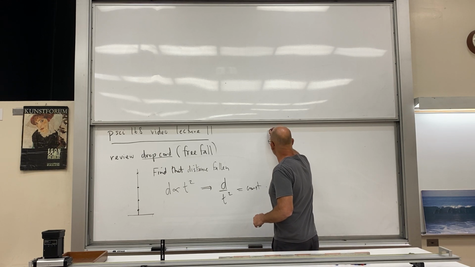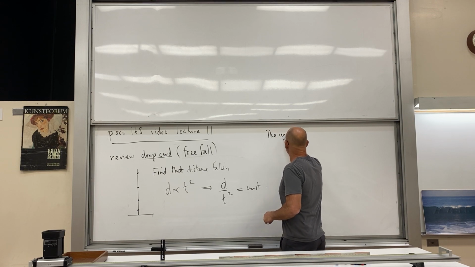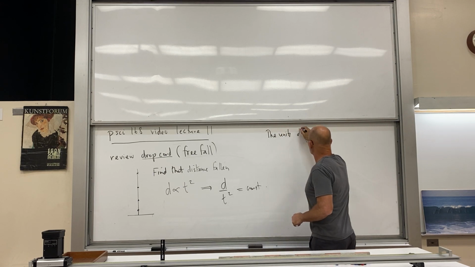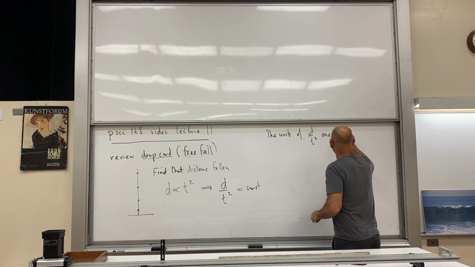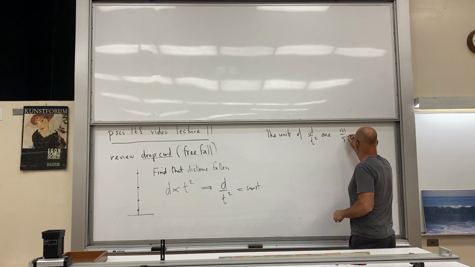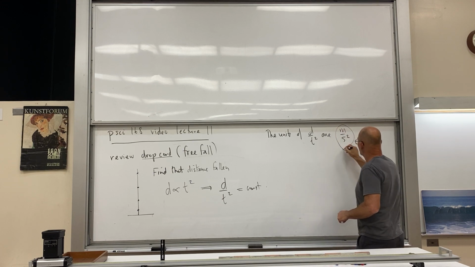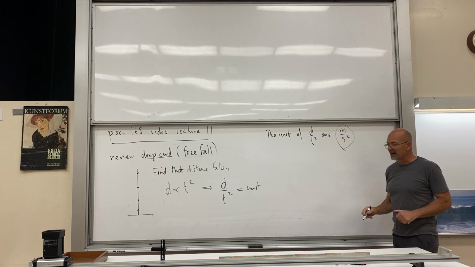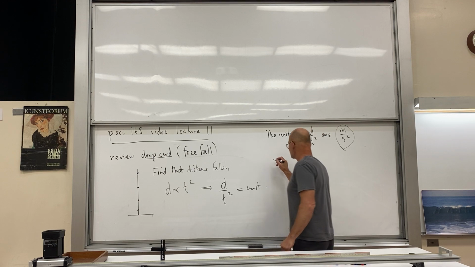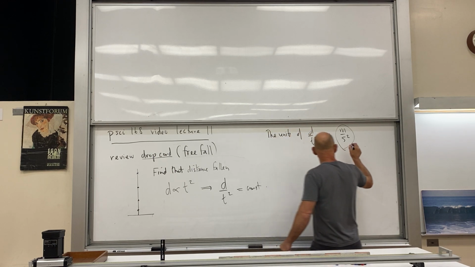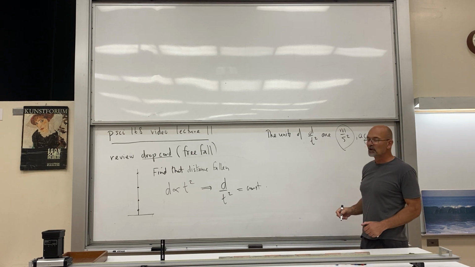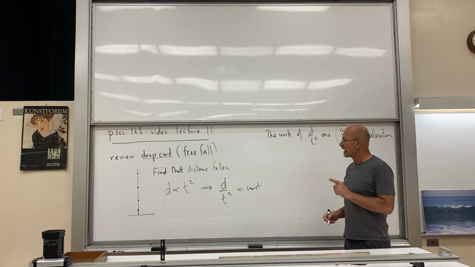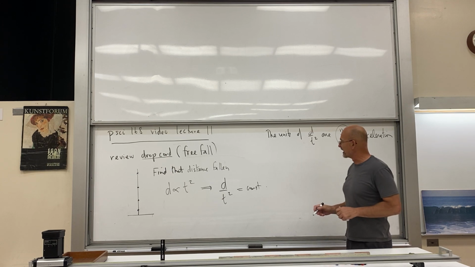So let's write that here. The units of d over t squared are meters per second squared. And this is an acceleration. So what we found is the law of free fall is motion with constant acceleration.